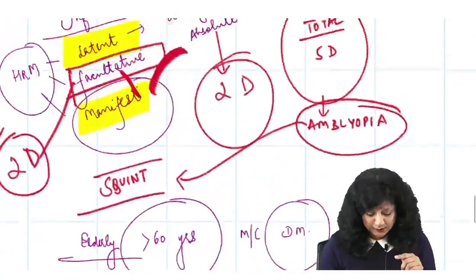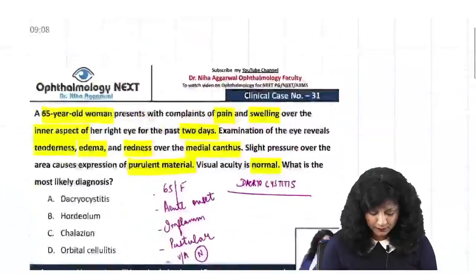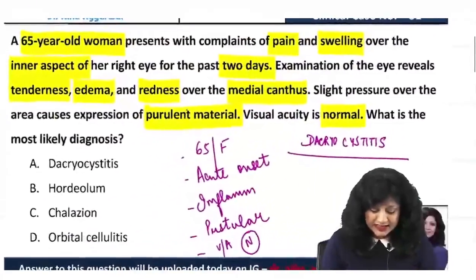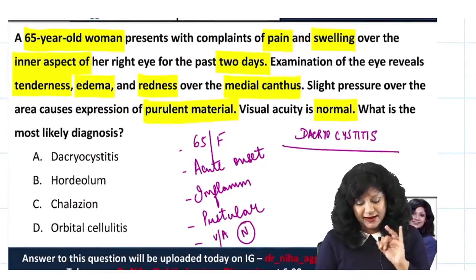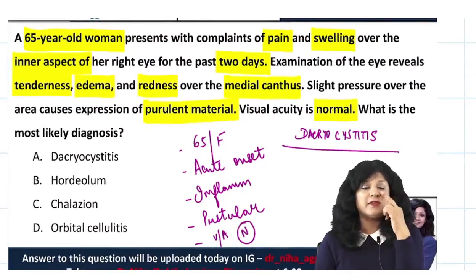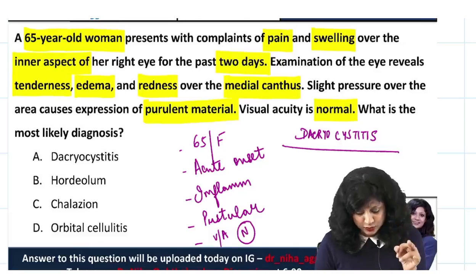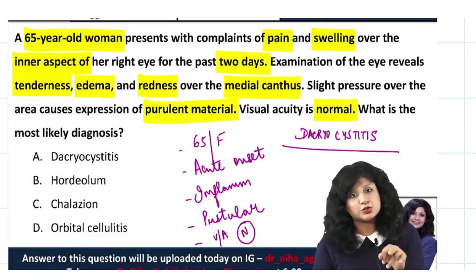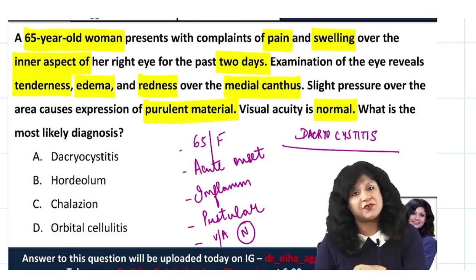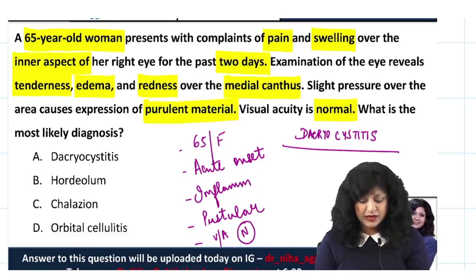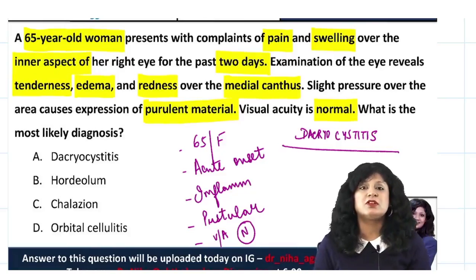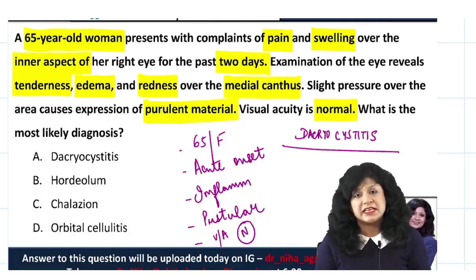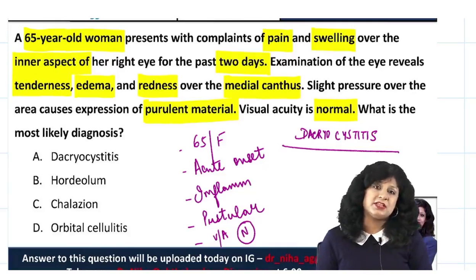So now you come back to the question, and see, this is a 65-year-old woman. She is presenting with pain and swelling over the medial canthus from the last 2 days. Examination is also showing tenderness, edema and redness again over the medial canthus, and the slightest pressure is leading to the expression of purulent material, visual acuity normal.